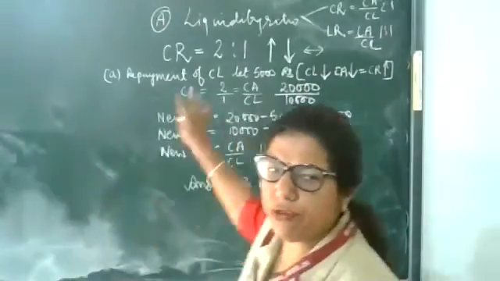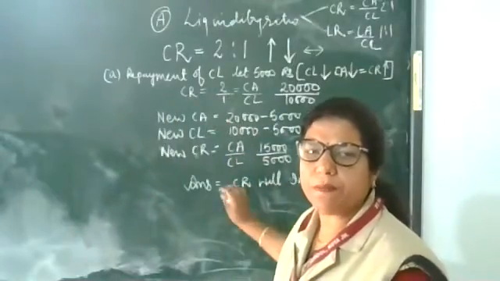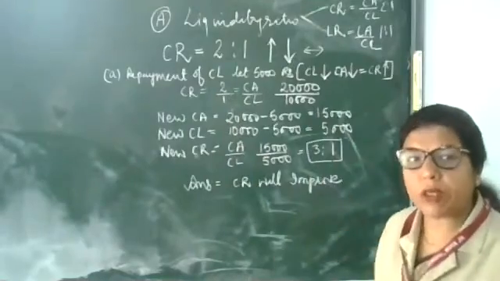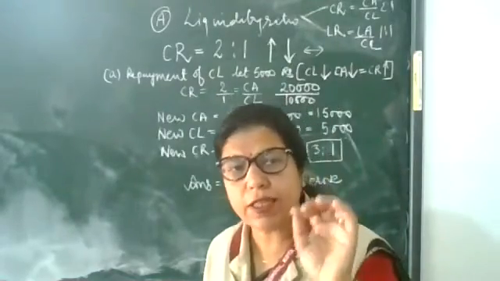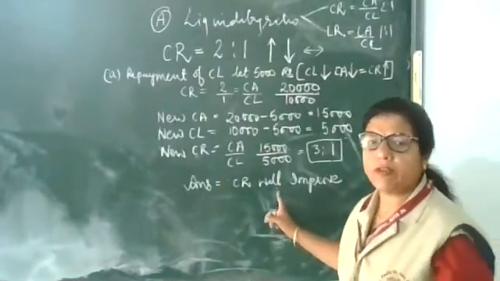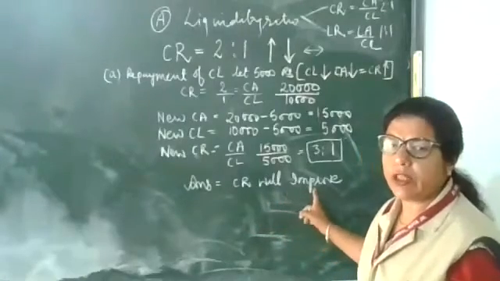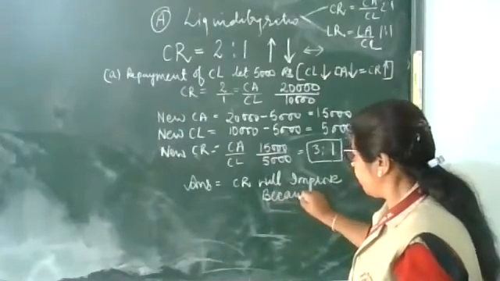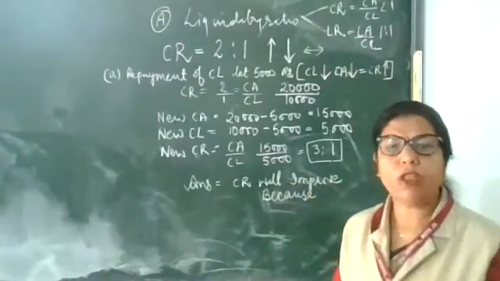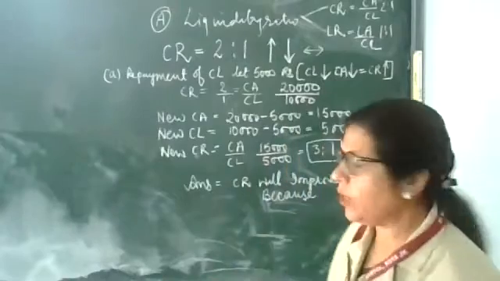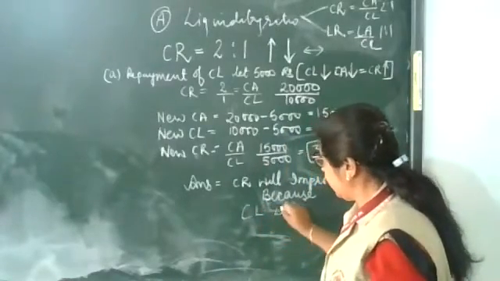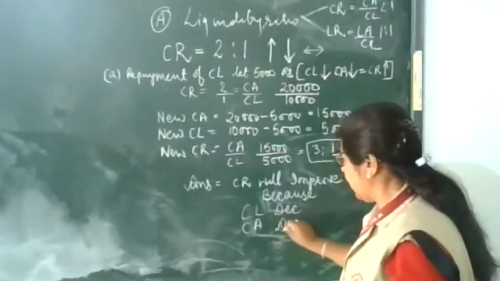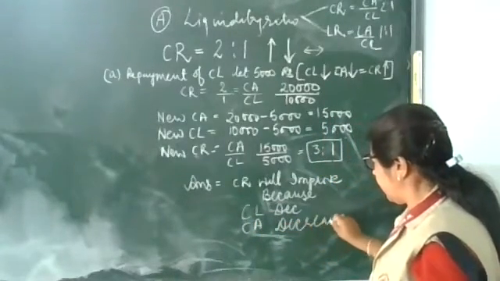Otherwise, you have to follow the complete formula. So you can write here: current ratio will improve, because they ask you to give a reason. So what reason will you give? Current ratio will improve because current liability decreases as well as current assets also decrease.